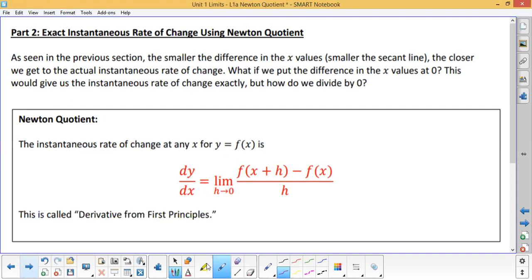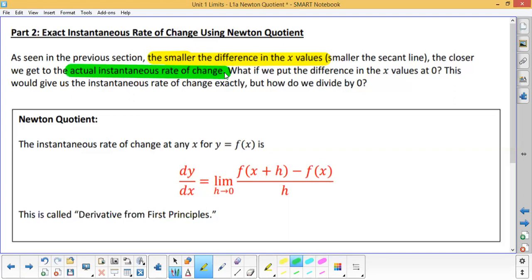So before we saw, by picking an arbitrary value for h, that the smaller the difference in the x values, the smaller the secant line. Let me just move this out of the way. And then that is how we get closer and closer to the actual instantaneous rate of change.